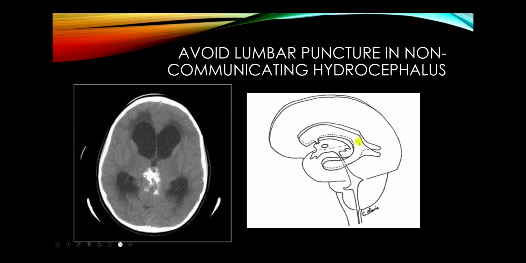So you're going to have a dilation of these lateral ventricles and potentially the third ventricle as well. Okay, and so this we would call a non-communicating hydrocephalus, which just means there isn't communication within the ventricular system. The lateral and third ventricles, in this case, do not communicate with the fourth ventricle. So it's a non-communicating hydrocephalus.